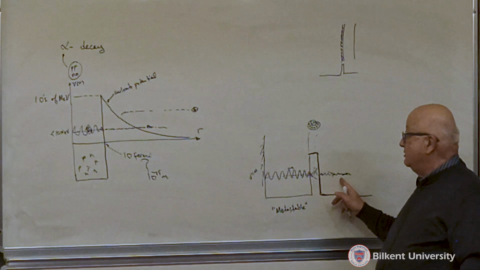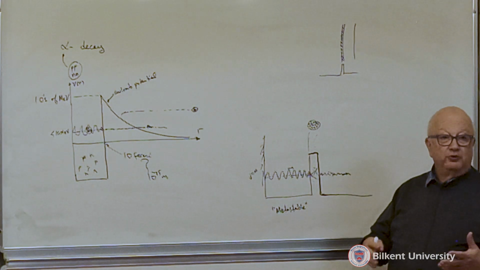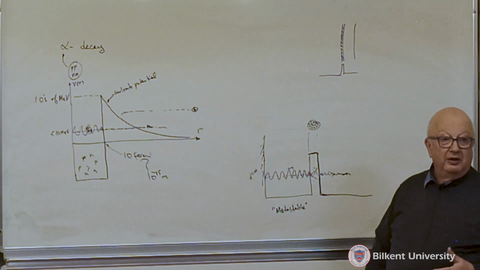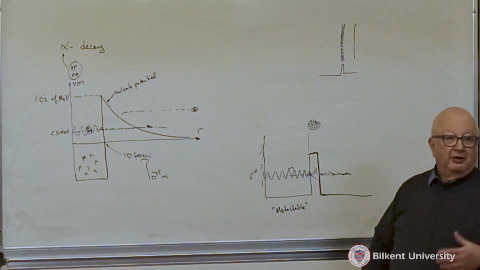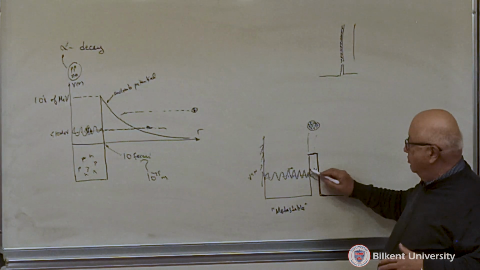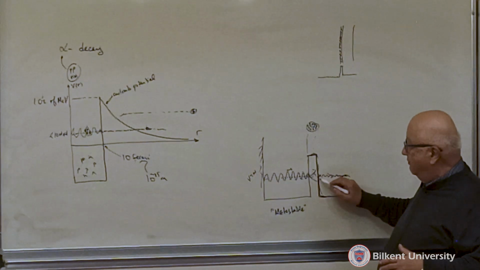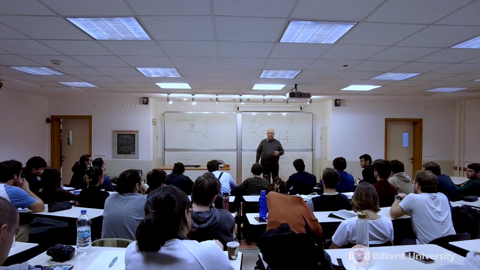Usually this is a very slow process. So radioactivity is a macroscopic process. The lifetimes can be milliseconds, but they could also be very long: hours, years, whatever. So it's an extremely slow process. This tunneling process is very slow, and then you just calculate what that rate is.